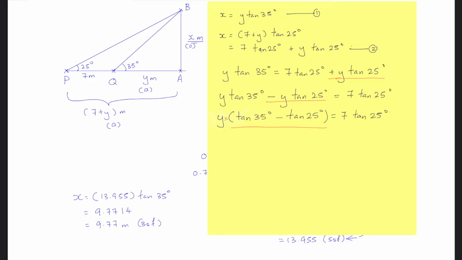So all you have to do is just say y equals to 7 tangent 25 degrees over tangent 35 degrees minus tangent 25 degrees.